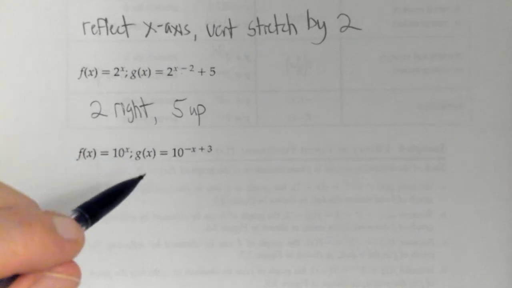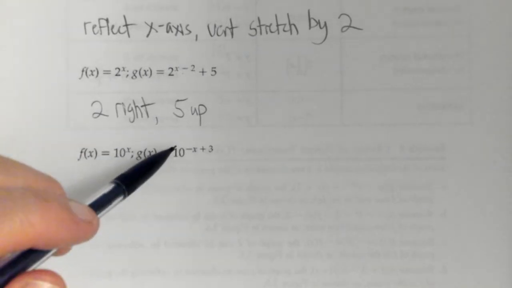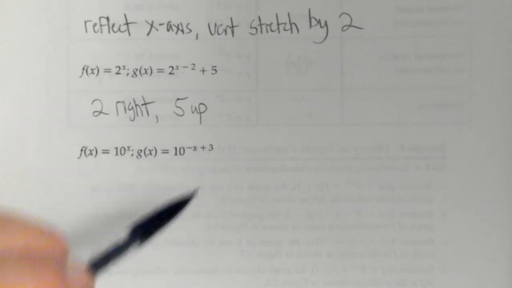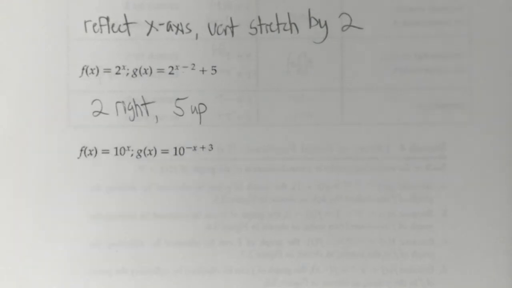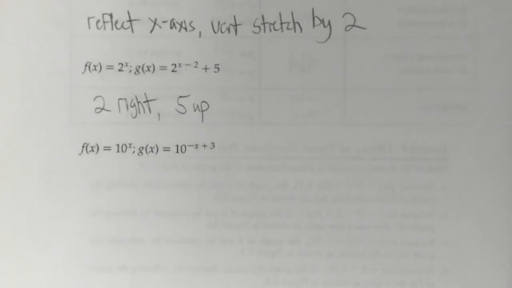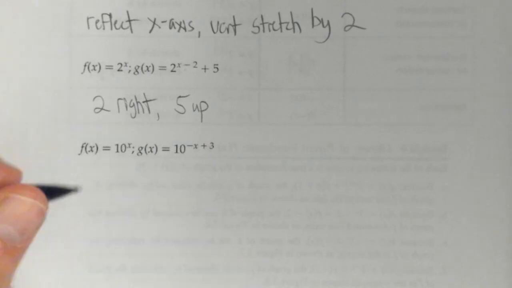All right, last one we need to take a look at here is starting with 10 to the x power, and it changes to 10 to the negative x power plus 3. So when you see negative x power, then you're going to say, oh, reflect across the y-axis. And I would say that I agree with that. Reflect across the y-axis, good.